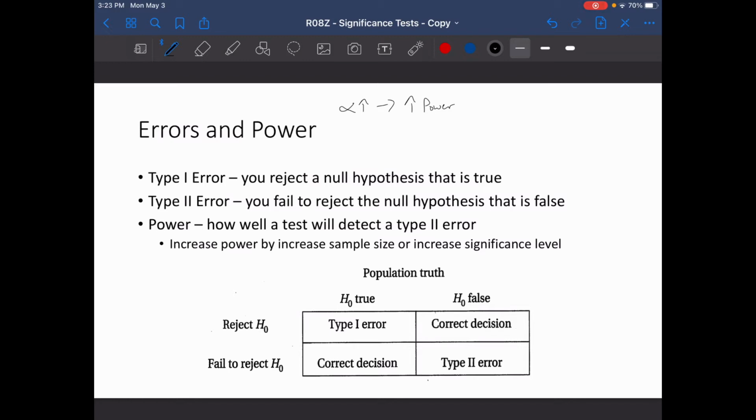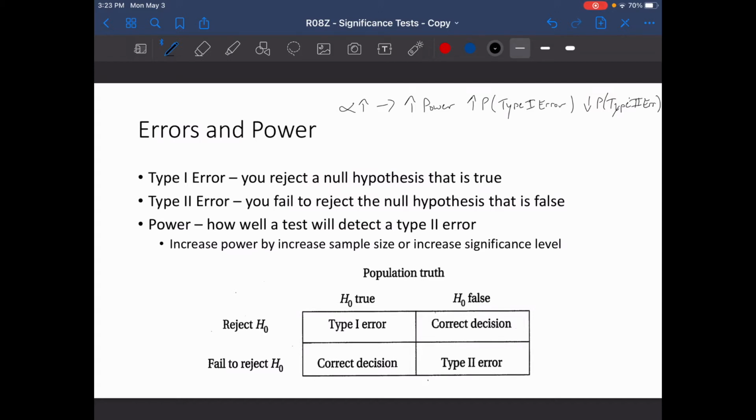It is going to increase your probability of a type 1 error as well, though. And it is going to decrease your probability of a type 2 error.